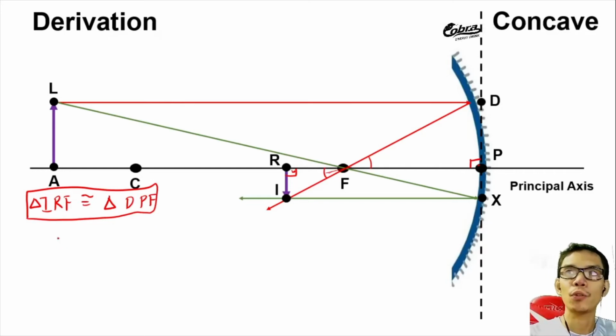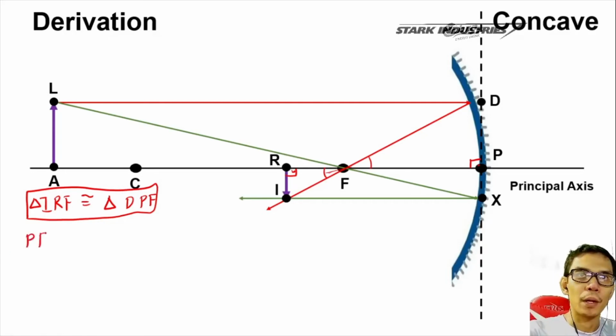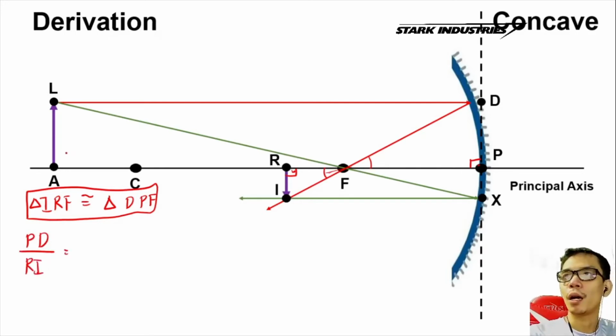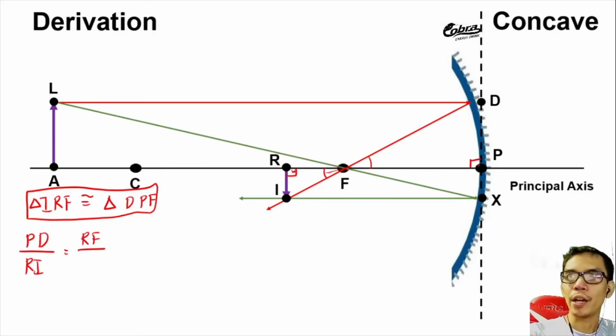What are the sides that we have right here? We have PD over RI, equal to RF over PF.